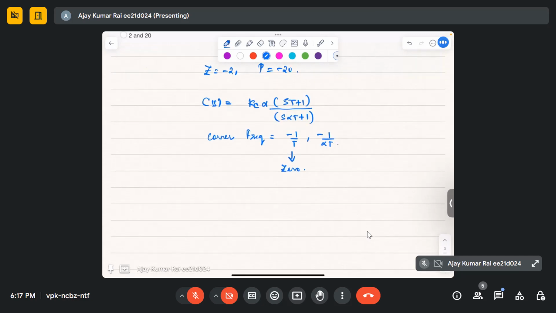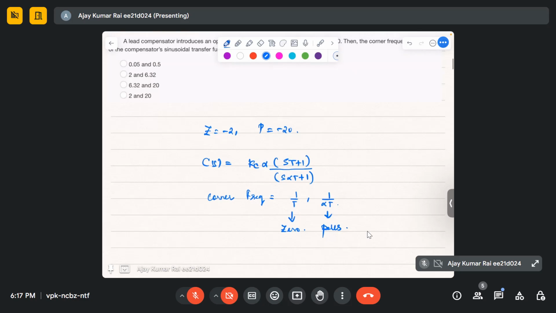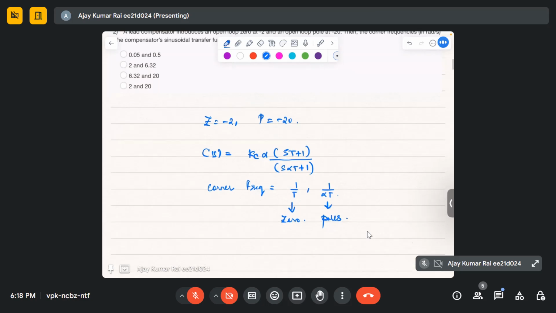Corner frequencies are positive. But we also see these are poles and zeros. Let's focus on the transfer function C(s).